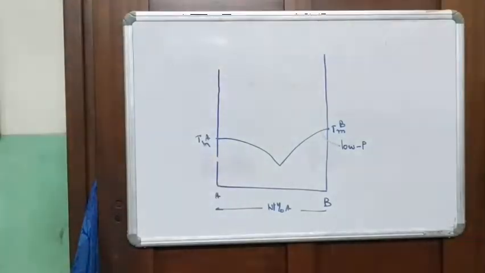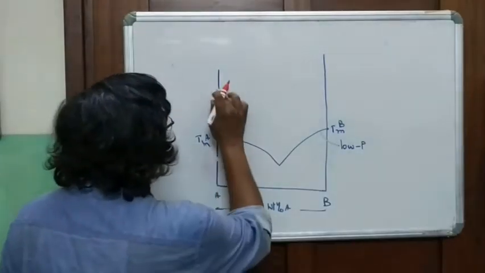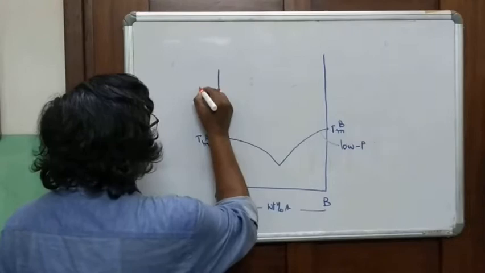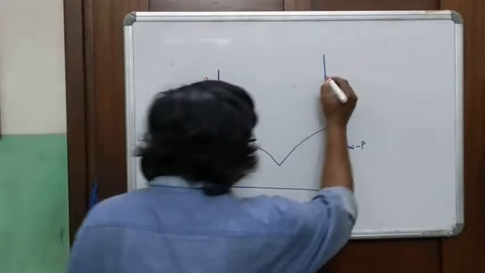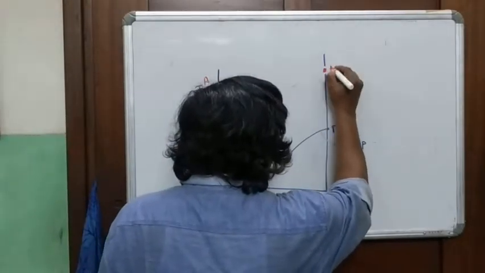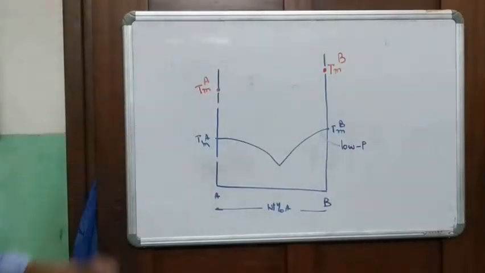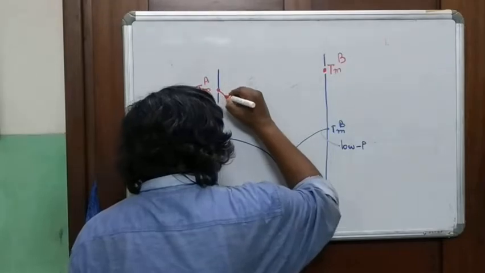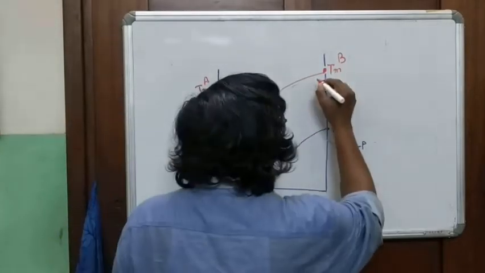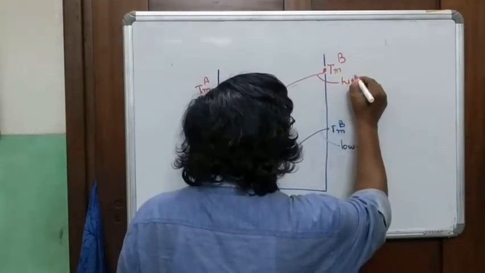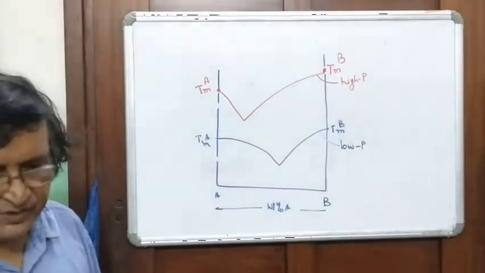Now, at higher pressure, the melting temperature of A increases, let's say to this. This is TMA at higher pressure, and this is TMB at higher pressure. From this, you can generate a situation where it is like this. This is the high pressure liquidus.